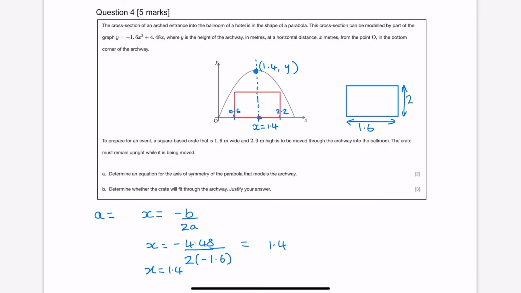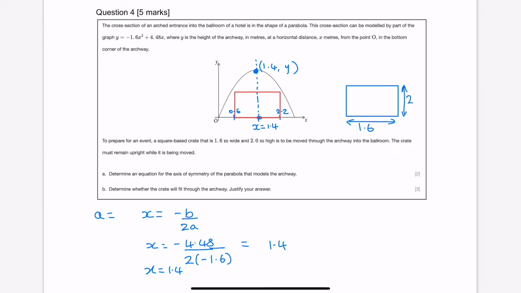So I now need to find the y coordinate at the x coordinate 1.4, and I need to find the y coordinate at x is 0.6, and they should be the same. And I'm trying to find out, are they at 2 meters? Are they taller than 2 meters or less than 2 meters?